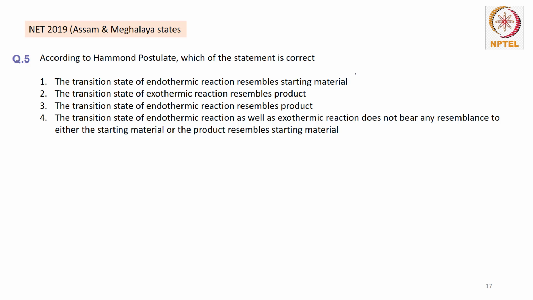That is wrong, as we know. For endothermic, it resembles the product. The transition state for exothermic reaction resembles the product. This is also wrong. The transition state of endothermic reaction resembles the product. This is right, because from the diagram, as we have drawn multiple times.